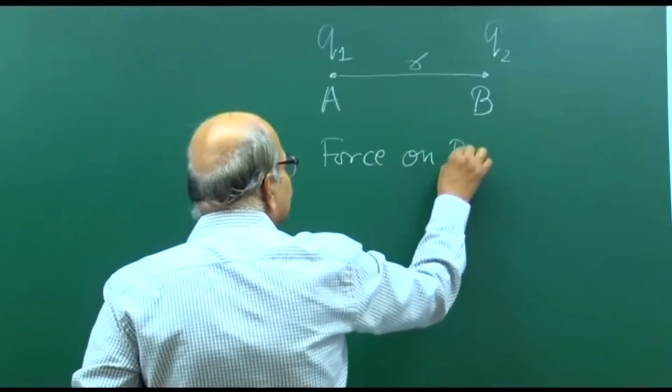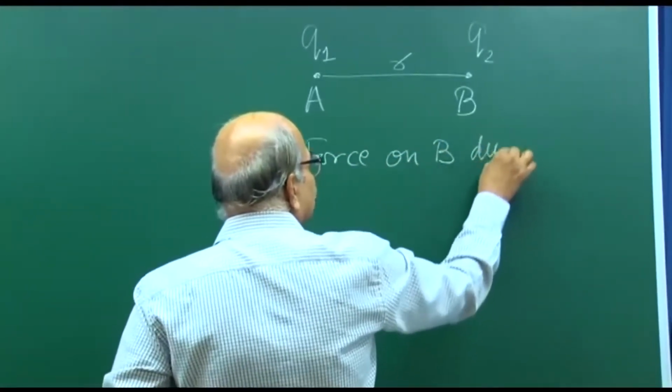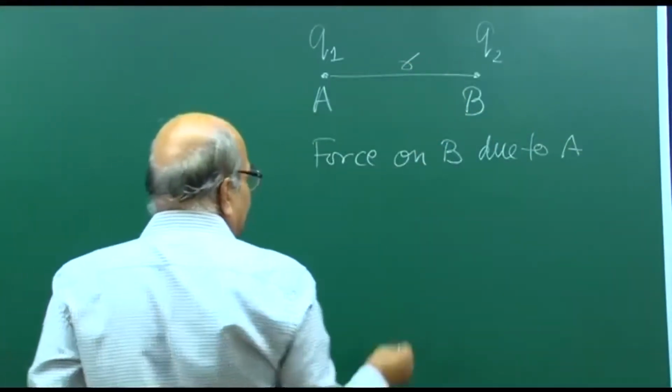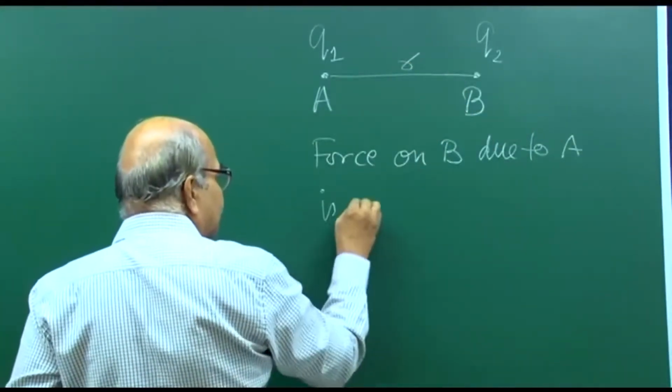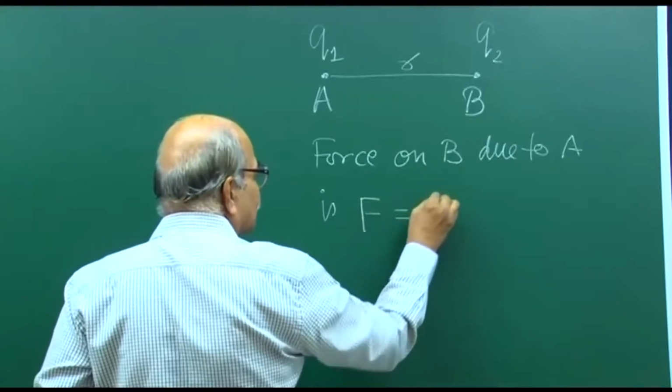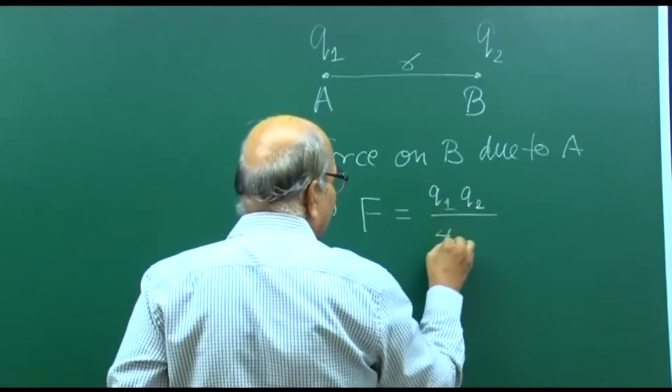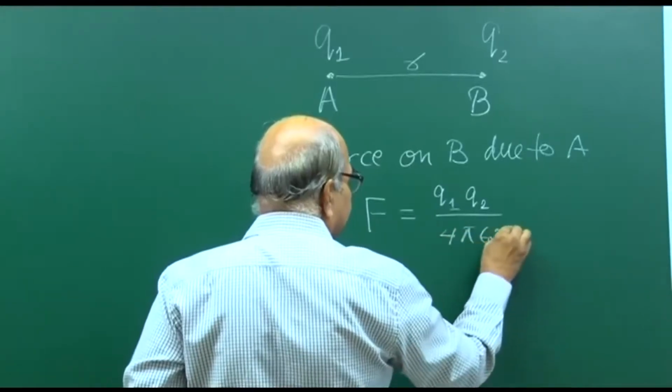So, if that happens, then the electrical force on, say, B due to A is given by force is equal to Q1 Q2 over 4 pi epsilon naught R square.